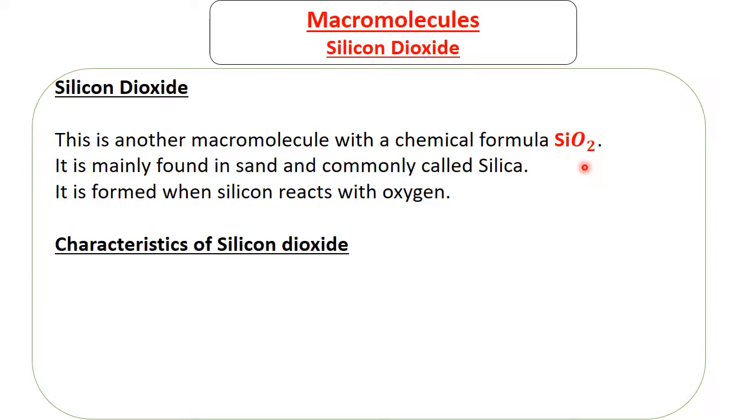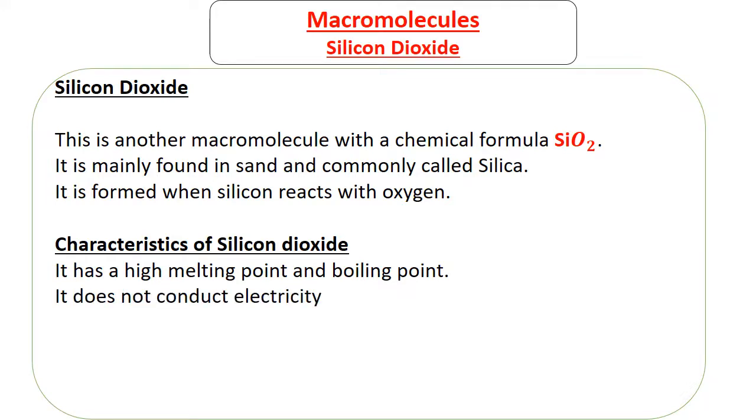So that's the main similarity. Maybe it did not come out clear, so let me just summarize it. The main similarity between silicon dioxide and carbon, graphite and diamond, is it forms a macromolecule. So here are some characteristics of silicon dioxide. One, it has a high melting point and boiling point, and it does not conduct electricity.